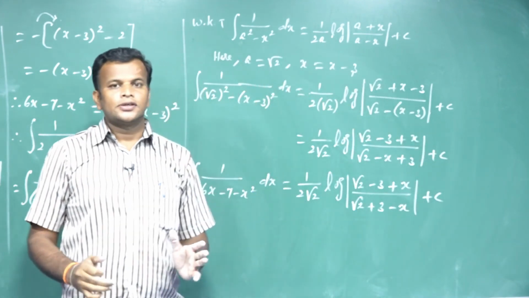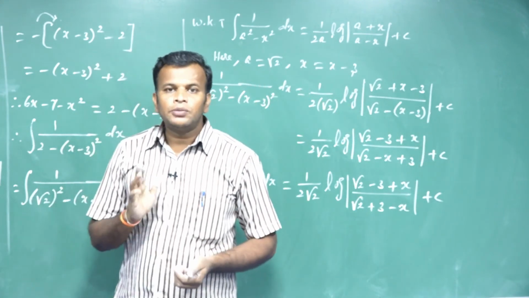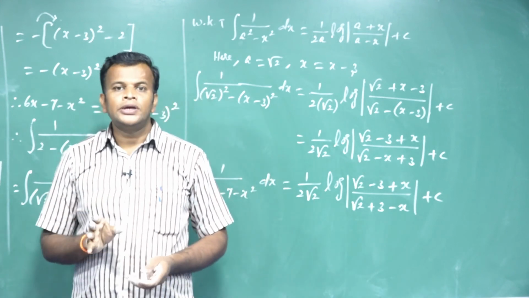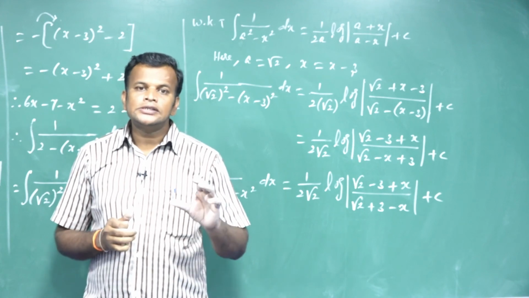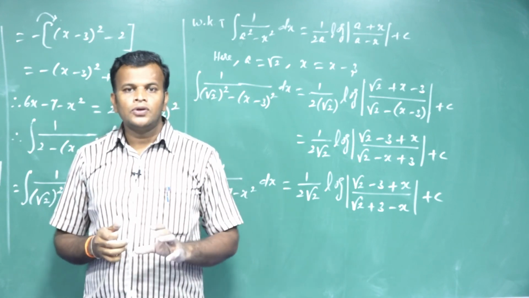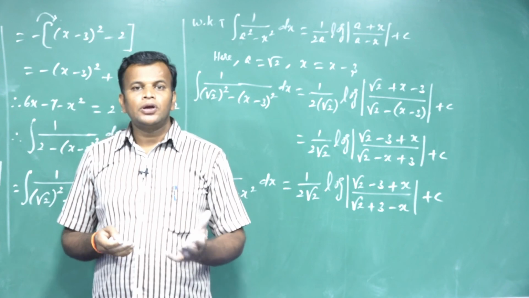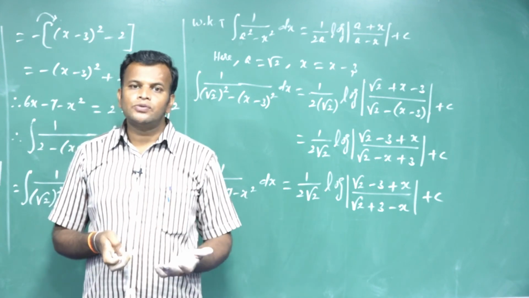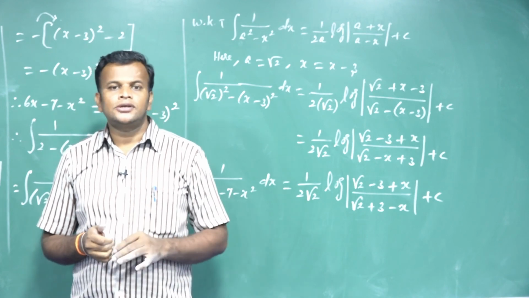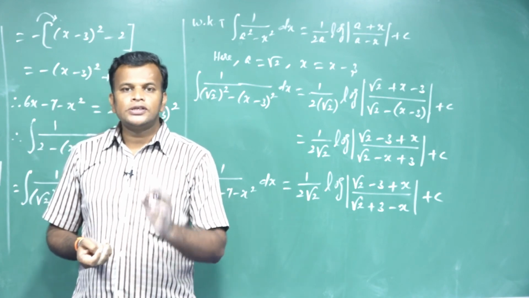So suppose in the integration the denominator is a quadratic polynomial. What is the first work? To convert it into a square minus x square form or x square minus a square form, because we have the formulas of integration. It may be 1 divided by x square minus a square or a square minus x square. For this purpose, what is the first step?